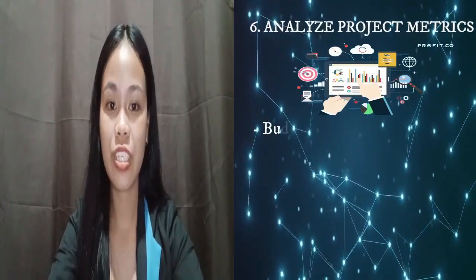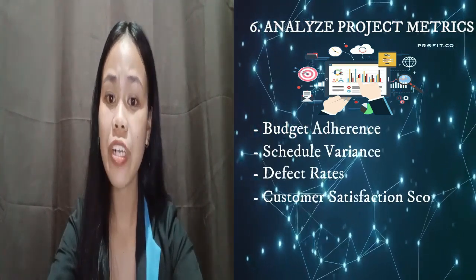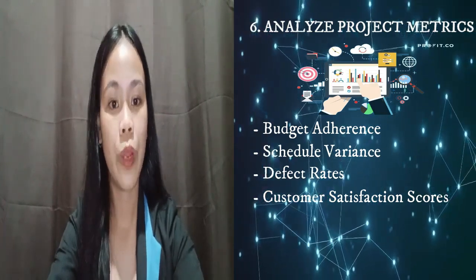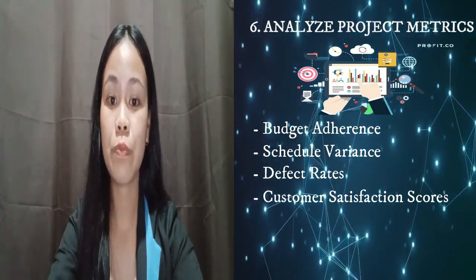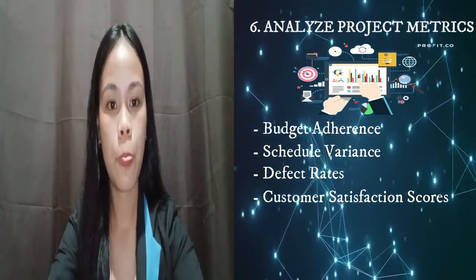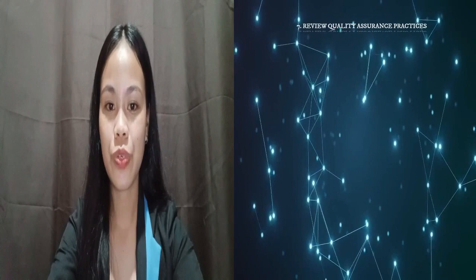Next, analyze project metrics. Analyze project metrics such as budget adherence, schedule variance, defect rates, and customer satisfaction scores. Compare these metrics against predefined benchmarks or industry standards to identify areas of concern and potential opportunities for improvement. Next, review quality assurance practices.